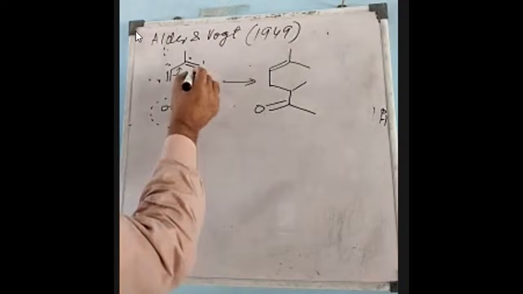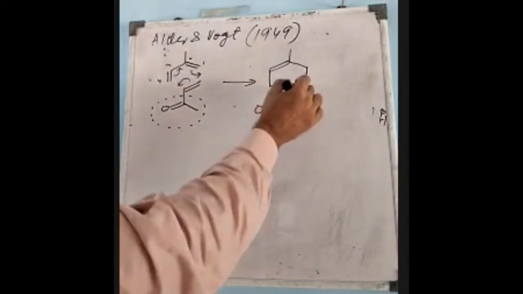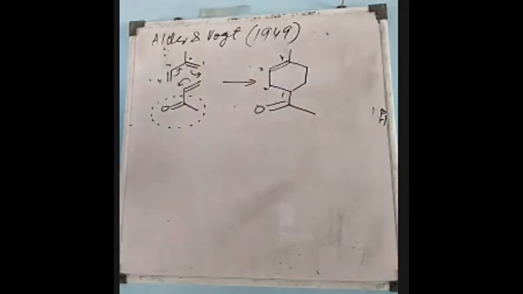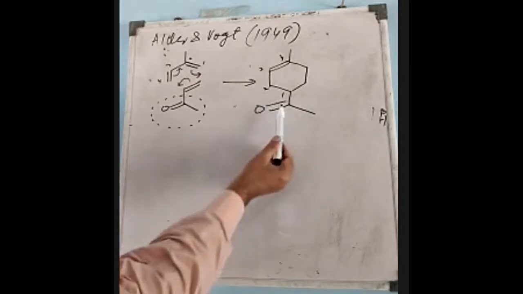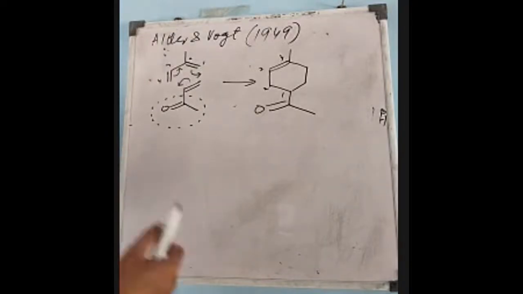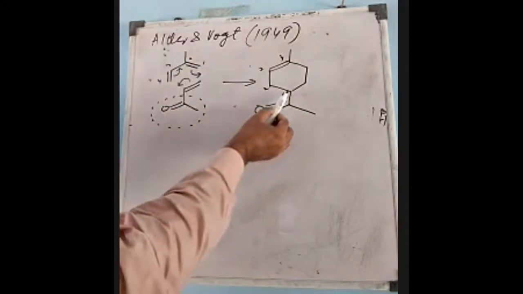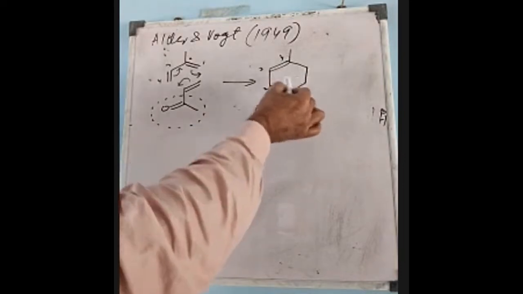So we get this compound. Now this compound is known as cyclohexene. If we take cyclohexene as the basic compound, then we start numbering from here: 1, 2, 3, 4. It is 1-acetyl-4-methyl-3-cyclohexene. Or, if we say toluene, then tetrahydrotoluene: 1-acetyl, 4-methyl.